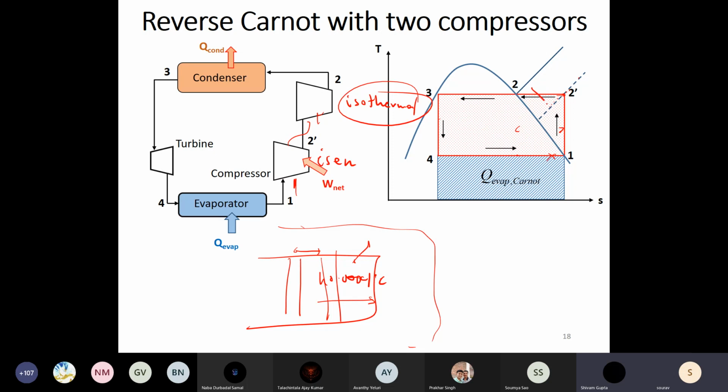So then we completely drop this process and we just use one compressor which compresses isentropically all the way till this isobar. So you extend this isobar and you compress all the way till this point. You get rid of this impossible compressor. Okay, so now this leads to the first deviation from your reverse Carnot cycle.